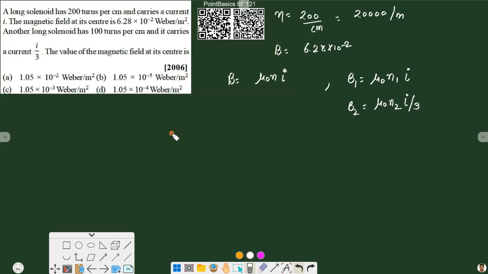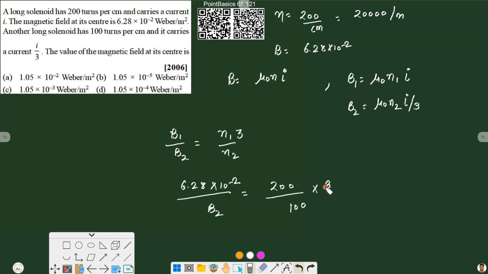So B1 by B2 is equal to n1 by n2 into 3. So B1 is 6.28 × 10^-2, and here we have B2. As both n1 and n2 are given in centimeter, we can take them directly in centimeter because the units will cancel out. 200 by 100 into 3.